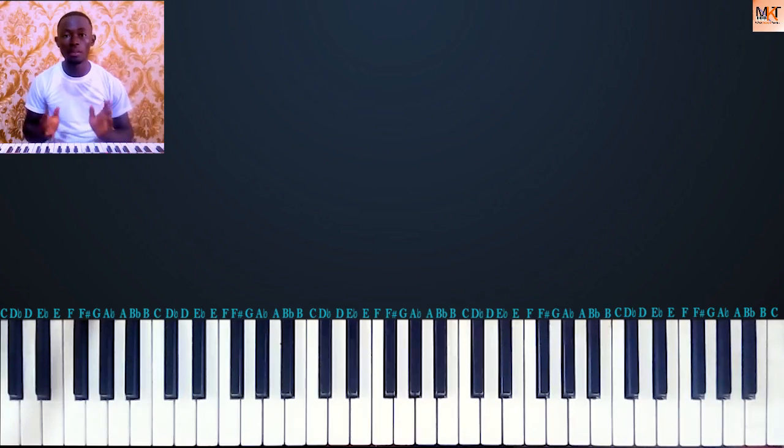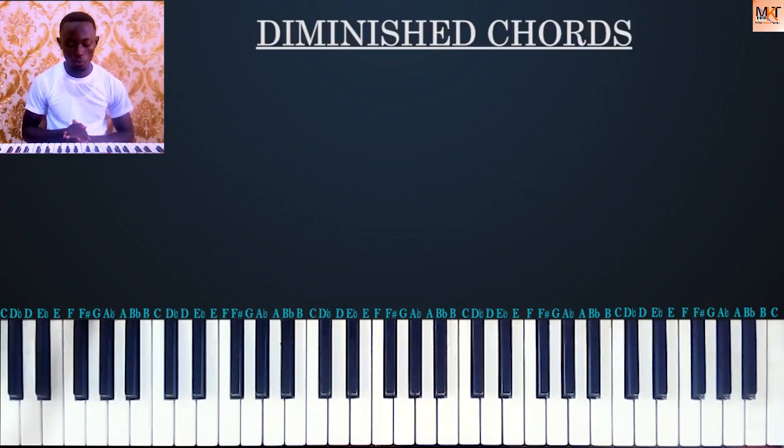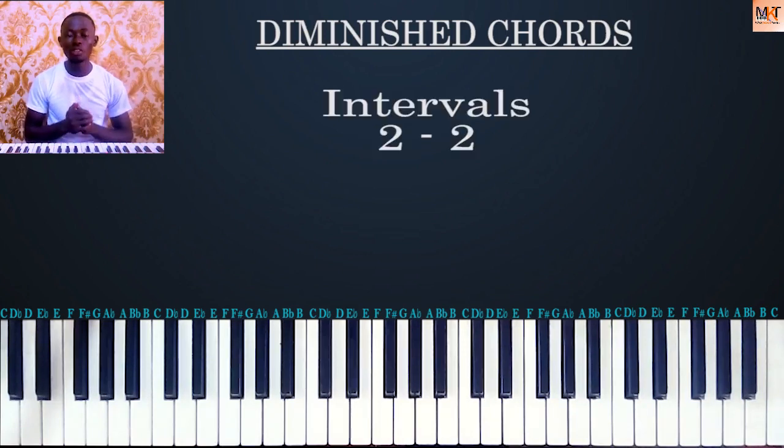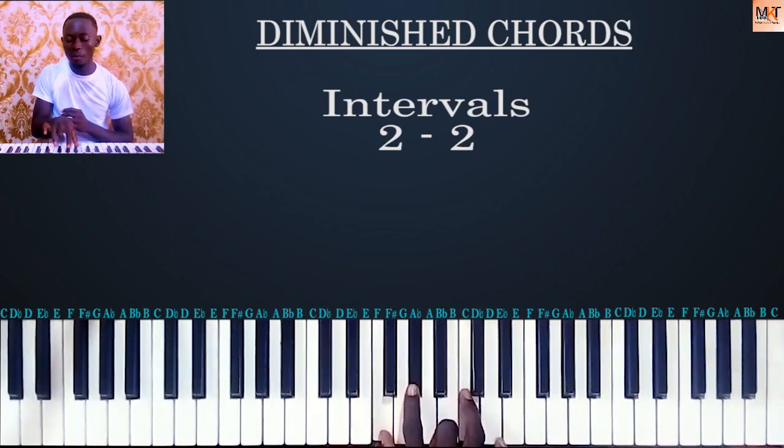Now let's look at what diminished chords are and how to form them. That also, you reduce the perfect fifth by a half pitch, or a half note, or better still a semitone. Reduce it by a semitone when you're on the minor chord. So F major, F minor, then reduce the fifth note by a half pitch, and that gives you the diminished chord.